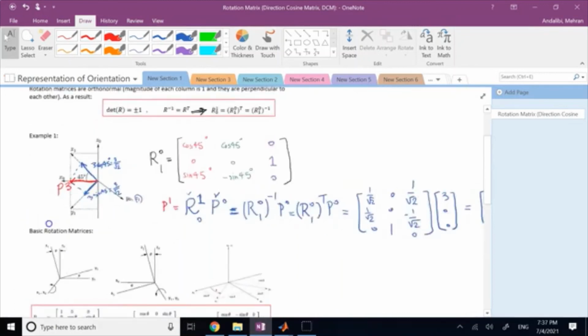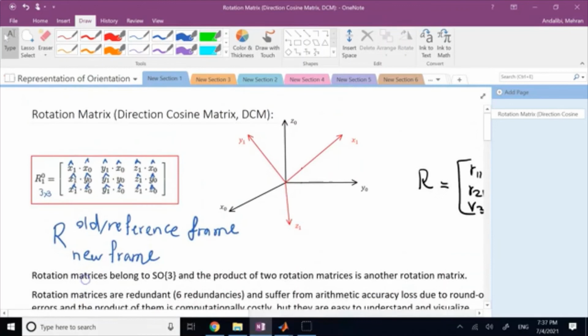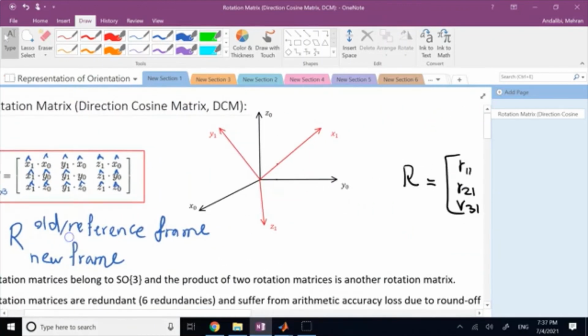Okay, now in this case, it's not so hard to get P1 because you could do this projection easily. And that's not the case when the problem is more complicated like this. So when you have 3 angles involved, none of the axes match any other one. There is no coincidence between the axes of old and new.